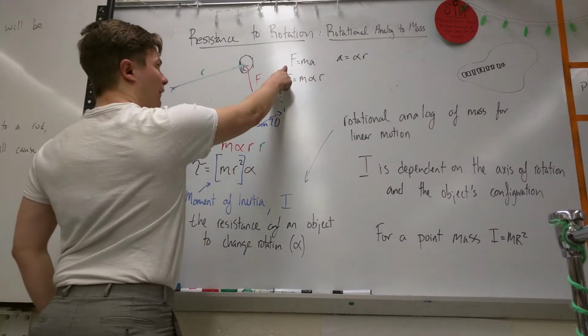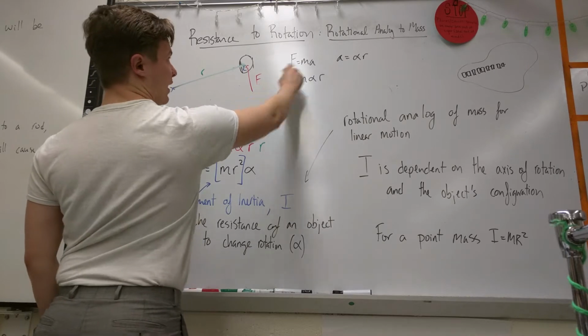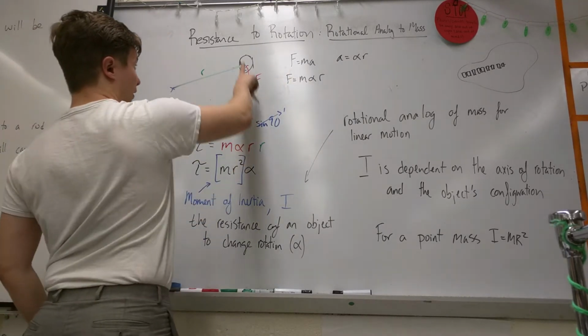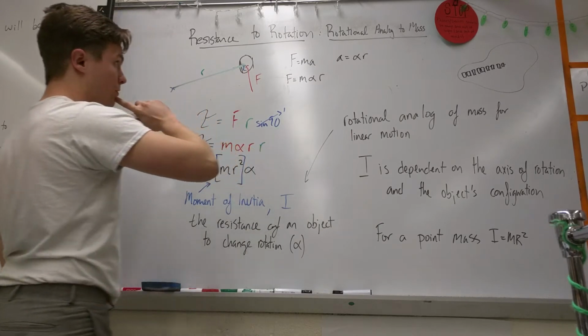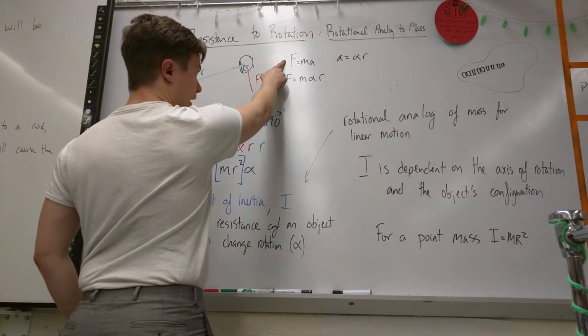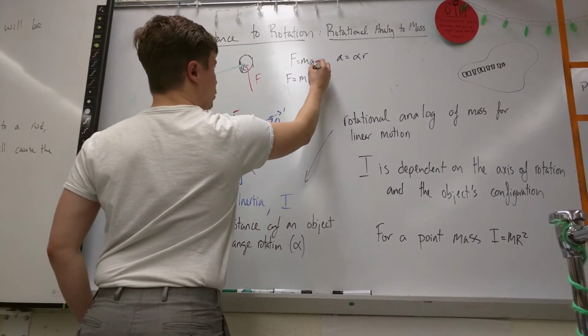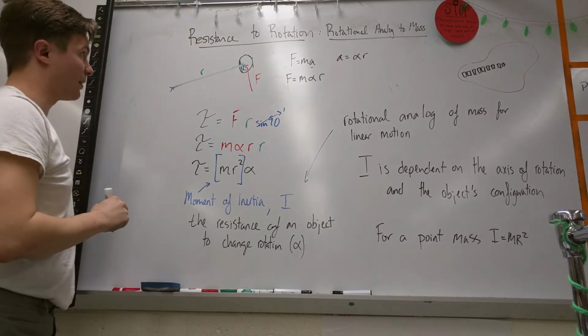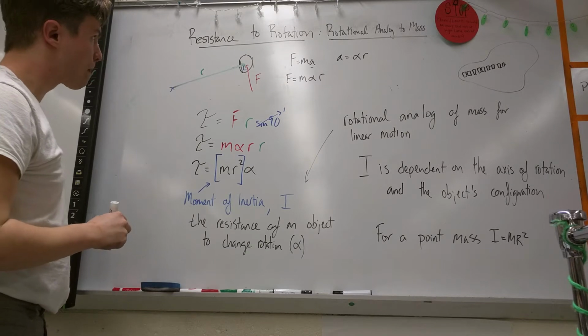I'll look at F a little bit more and say that F is ma, because F is the only force applied to the puck in this direction. I know an expression for acceleration: that's angular acceleration times r.